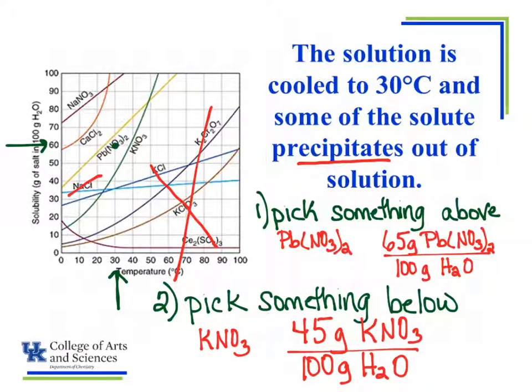Some of the solid would come back out of solution, because when we change the conditions, the solubility changes and the solution adjusts. When we were at 50 degrees, all 60 grams of the KNO3 would dissolve. When we cool it to 30 degrees, only 45 grams will dissolve, so the remaining 15 will precipitate out of solution. As a result, we're left with KNO3.